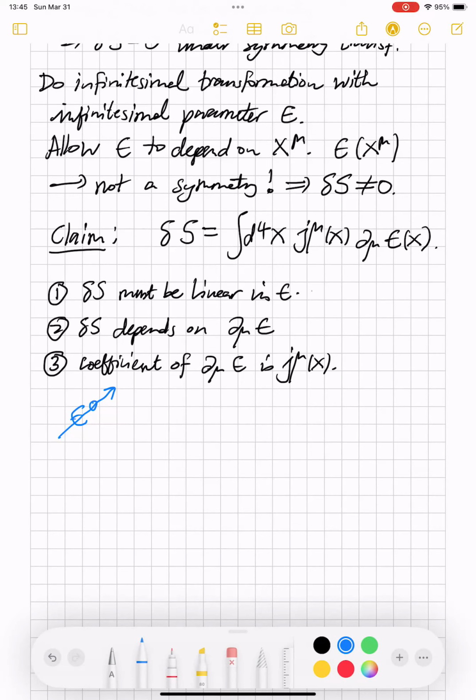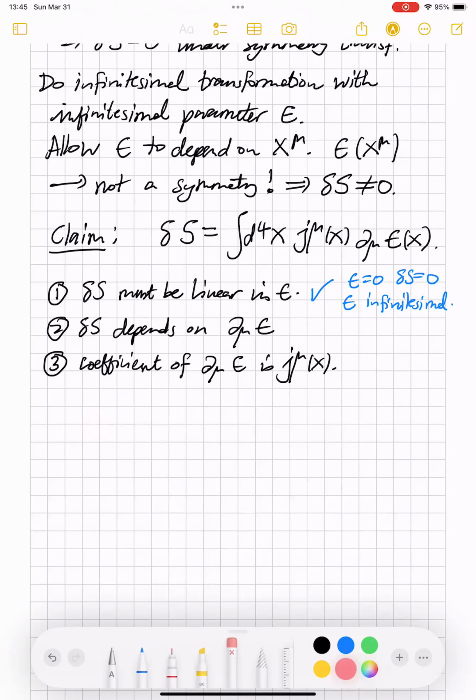So this first point is true because for epsilon equal to 0, delta S has to be equal to 0, and because epsilon is infinitesimal. Okay, so good. It must depend on epsilon and no higher powers, and there's no constant term.